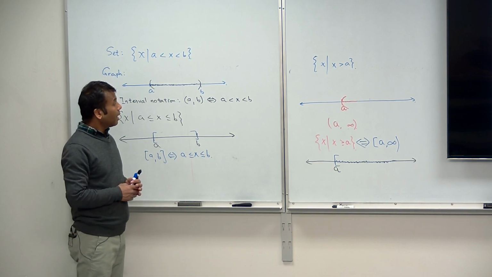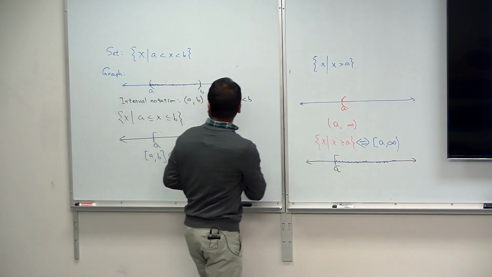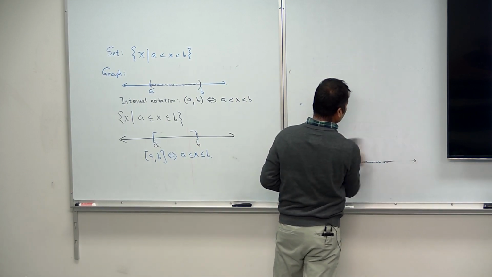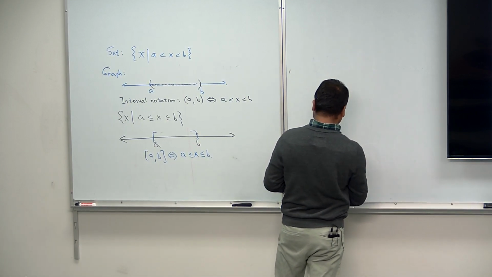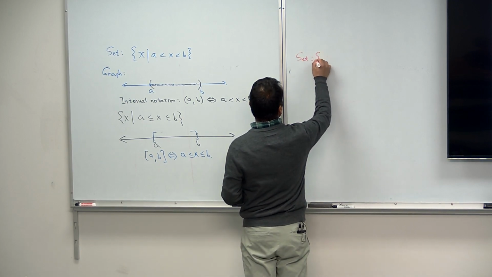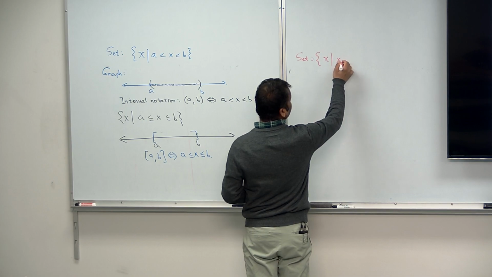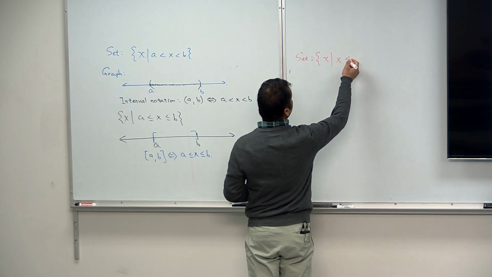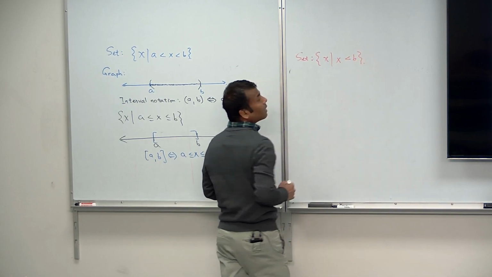And then the third one is, if you have, let's say, the set of all x such that x is less than b, something like that.